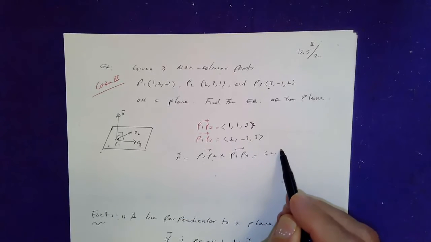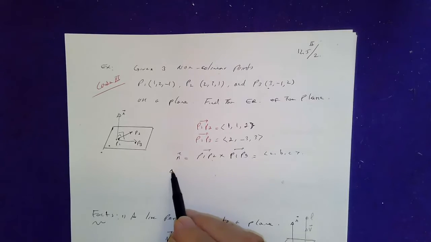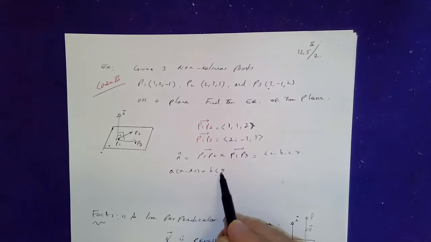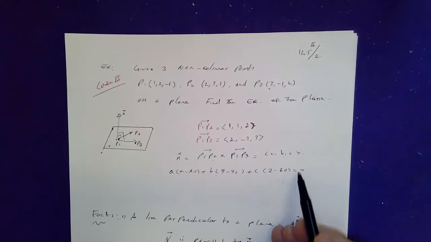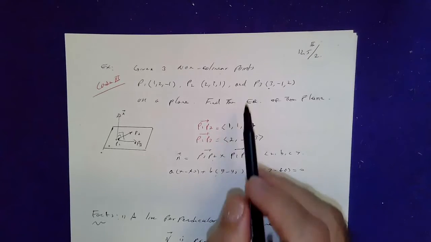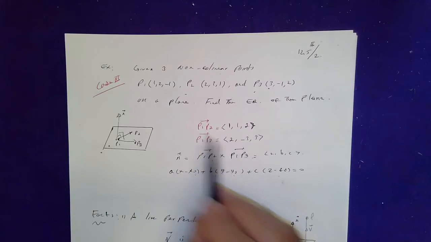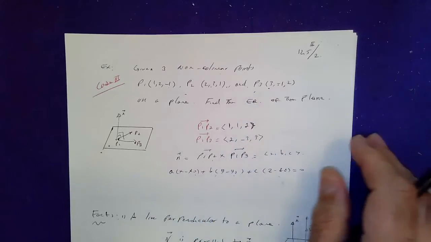So suppose once again you get a, b, c, and now you use the point normal form, like so, and then finish this problem up. The only question is, which of these points should I select for x0, y0, z0? Answer, any of these points will do the job.